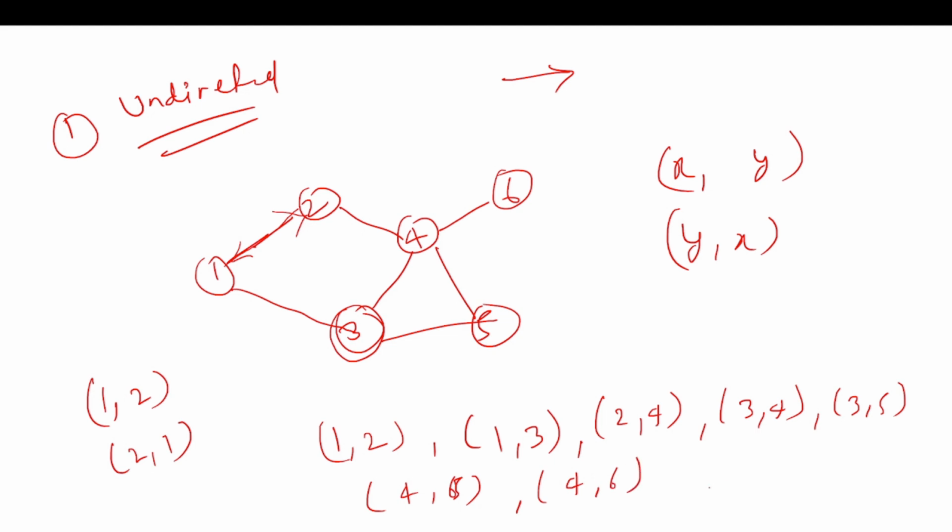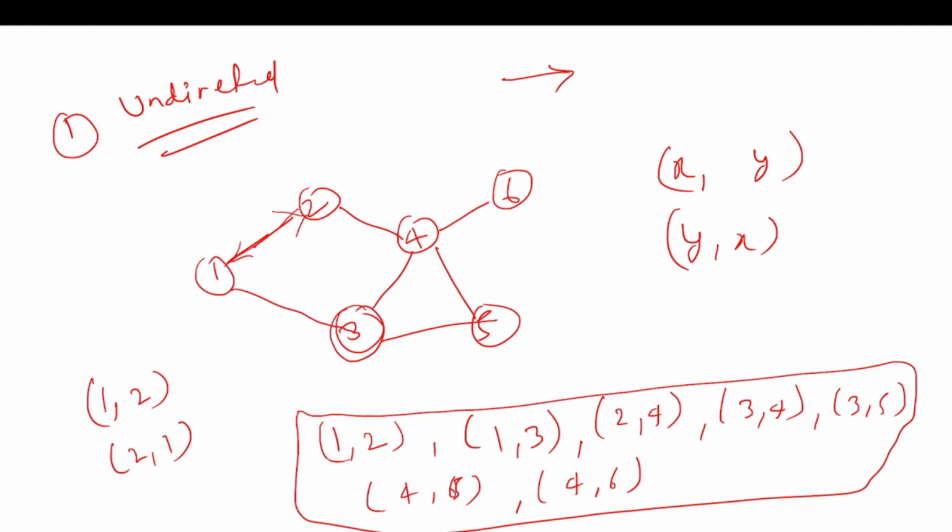Then we can say 6 comma 4, but that is not allowed, right? So these are ordered lists, right? But when we are talking about unordered, they are not ordered, right? So this type of order will not be seen in the undirected graph.